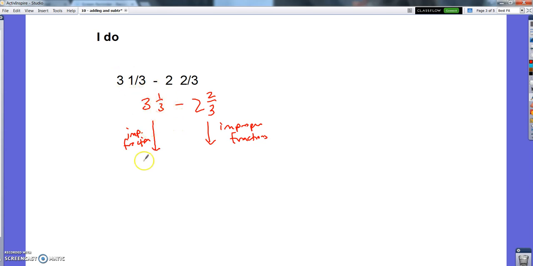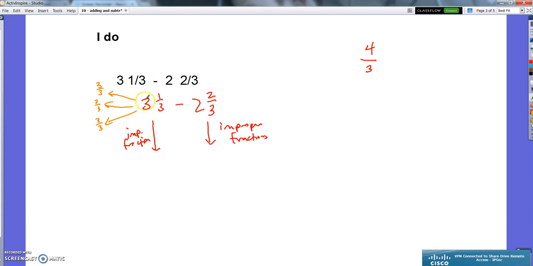So remember an improper fraction is a fraction like this, where the numerator is more than the denominator, right? So when I look at 3 1/3, what I'm going to think to myself is, well, each whole is 3/3, right? So this is 3. 1, 2, 3. So, it's 3 different wholes of 3/3, plus this other 1/3. So this is like 3/3 and 3/3 and 3/3. There's my 3.